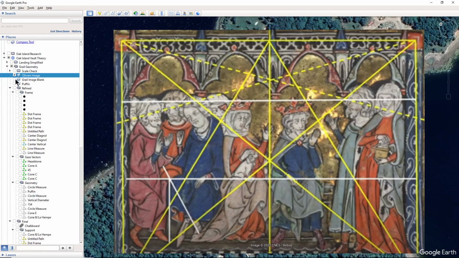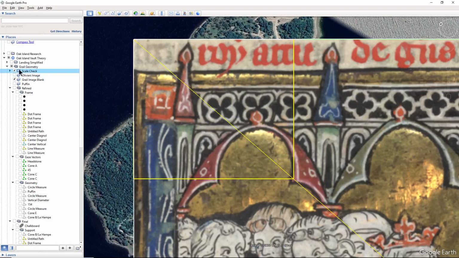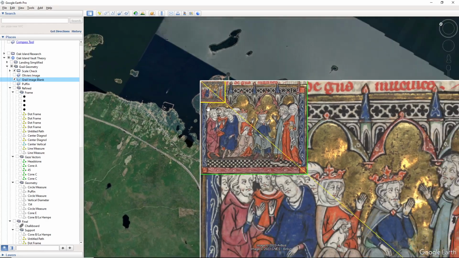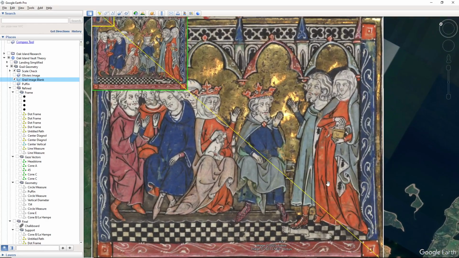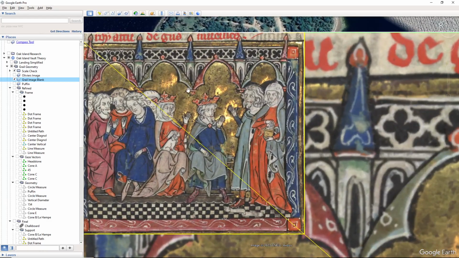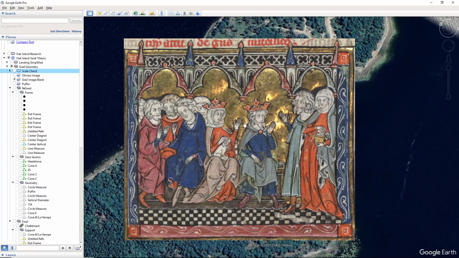I also overlaid the high resolution image, and I did a scale check with several sizes to make sure that this image is in proportion to the original. So all our geometry will be accurate according to the size and proportion of this picture.